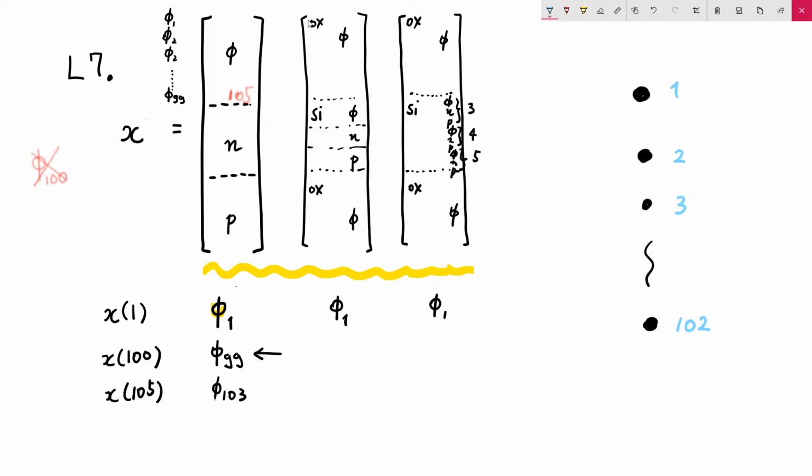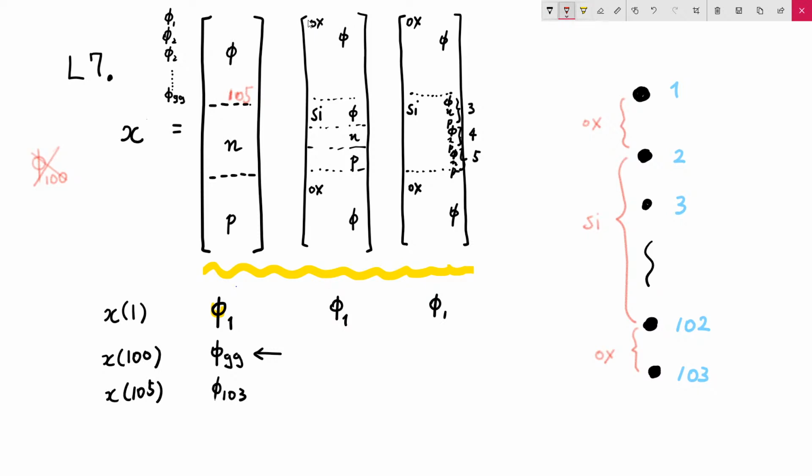And finally we will have the last point with the number like this. So now we introduce 3 regions once again. This is the top oxide region, this is the bottom oxide region, and this is silicon. Following this way, first let's assign our electrostatic potential on top of our x vector.